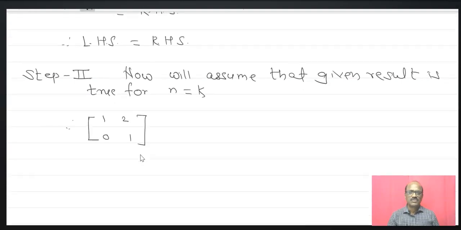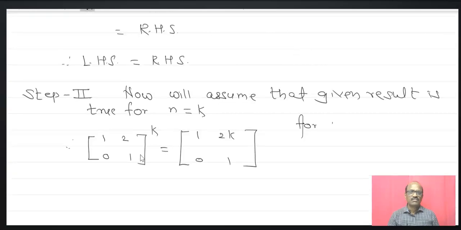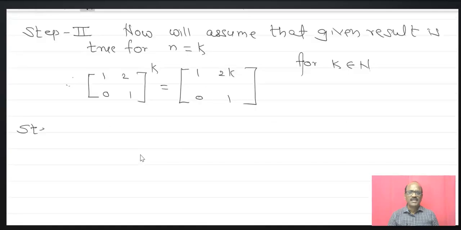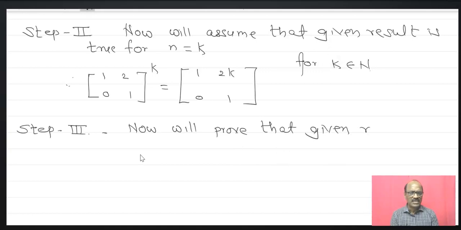That is, [1 2; 0 1] raised to k equals [1 2k; 0 1], for small k belonging to capital N. And now the step number 3, which is the succession. Now we'll prove the result is true for n equals k plus 1.